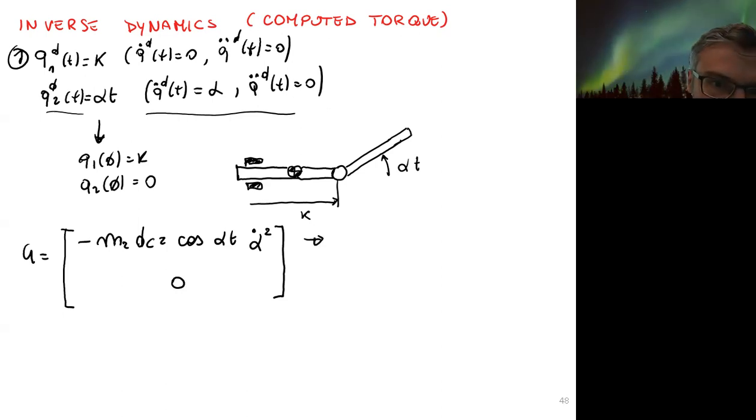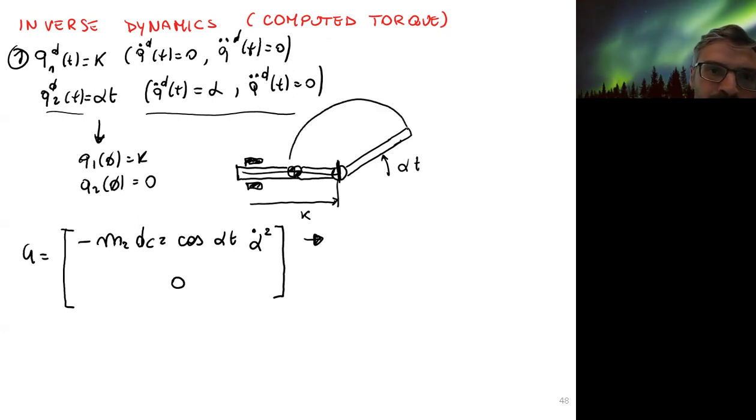And what is this? Now you need to think: joint 1 is still here, and then joint 2 rotates.